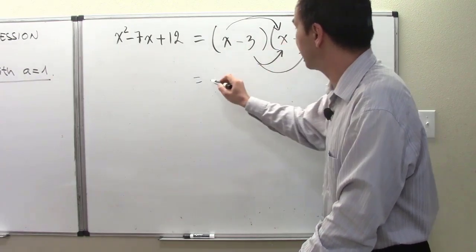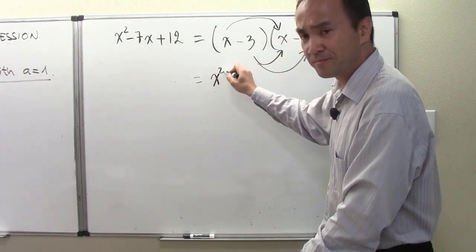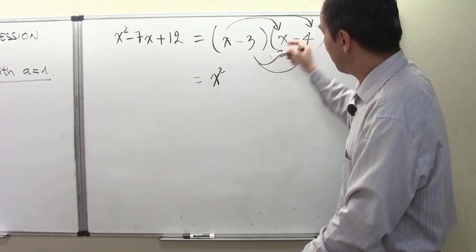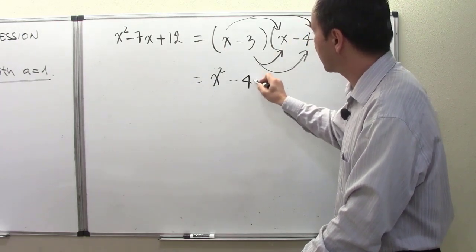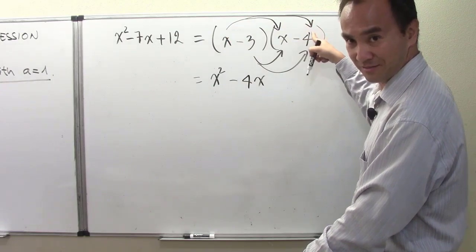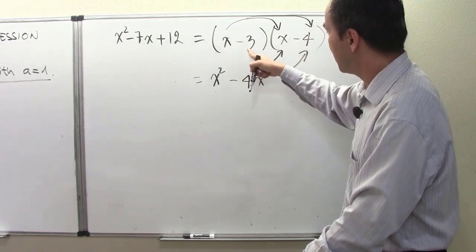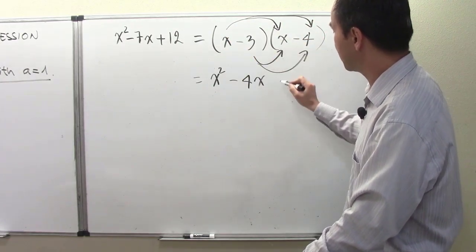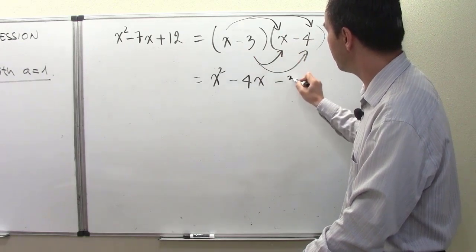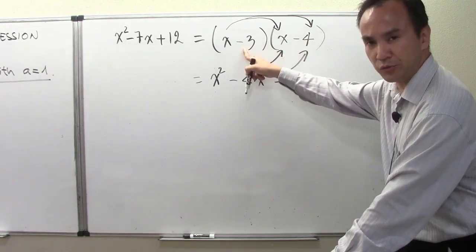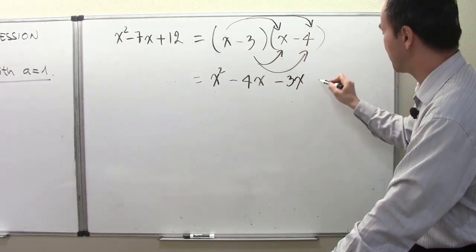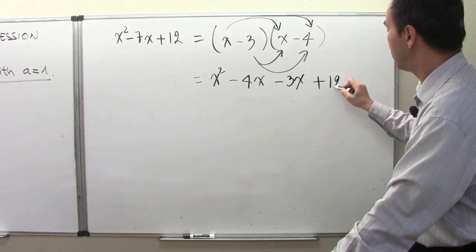x times x gives me x squared. x times minus 4 gives me minus 4x. Minus 3 times x gives me minus 3x. And minus 3 times minus 4 gives me plus 12.